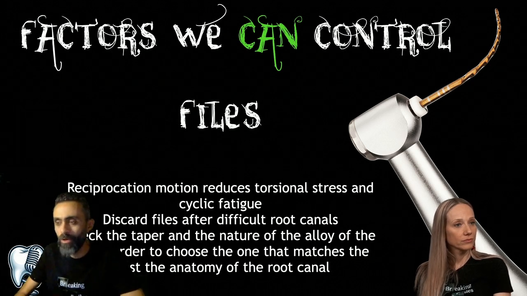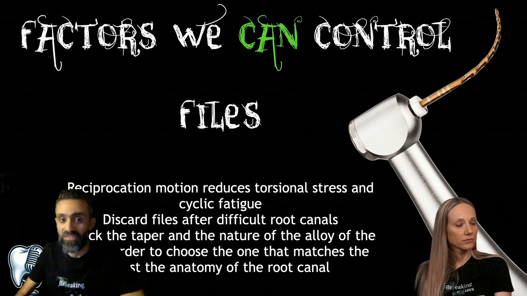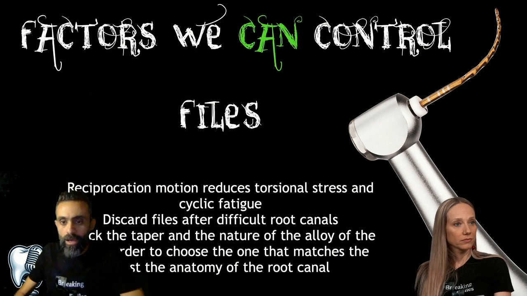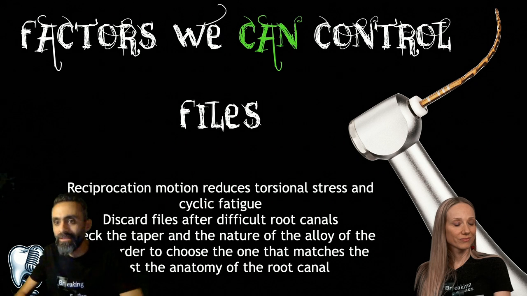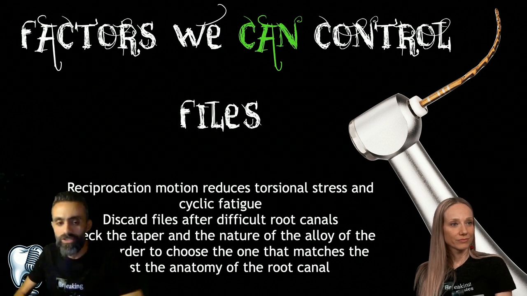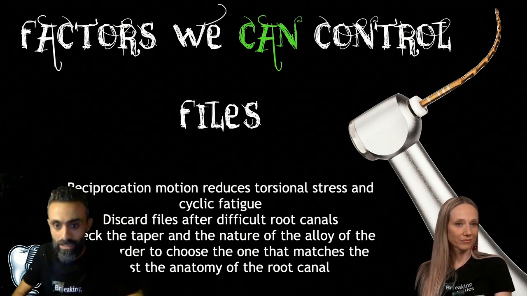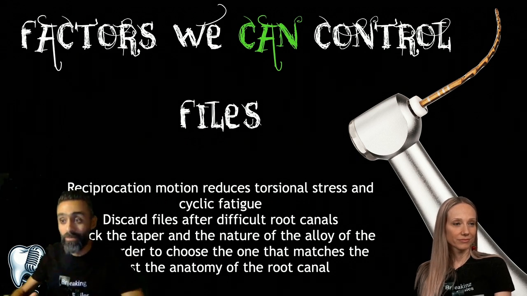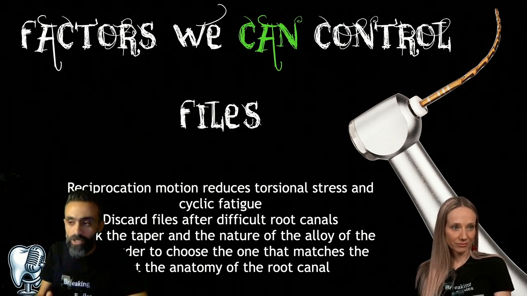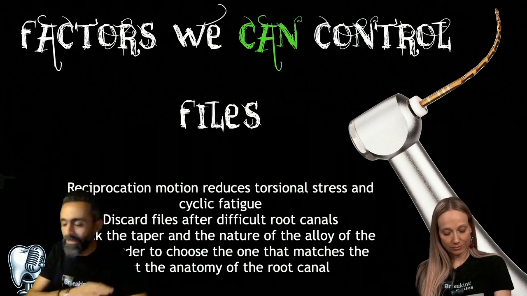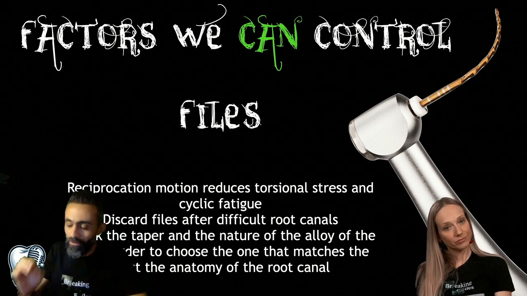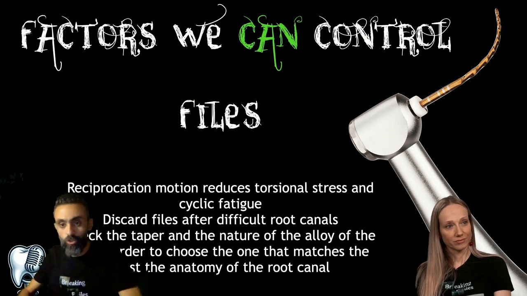In our courses and lectures at the university, we hear a very weird question about how many canals a file can shape. I think this question is not meant to be asked in the first place, because we cannot change the anatomy. Sometimes I take a file, put it inside the root canal, and decide this file won't be used again. It's just a one-use file.